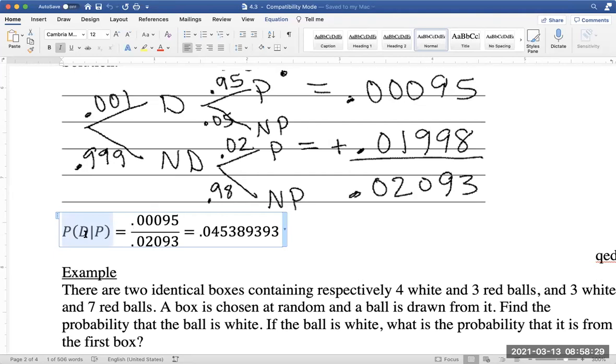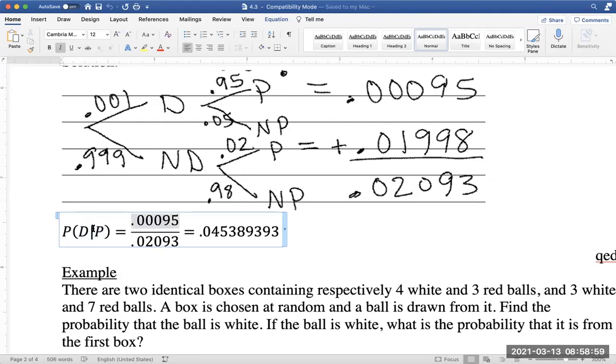Well, let's look at all the positives. 0.001 times 0.95, 0.00095. 0.999 times 0.02, 0.01998. Add these together, 0.02093. So that's your denominator by Bayes' theorem.